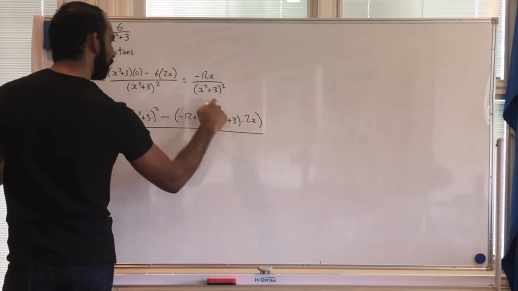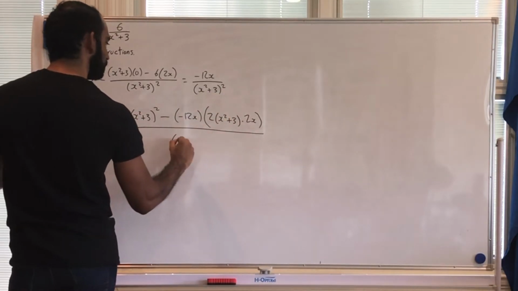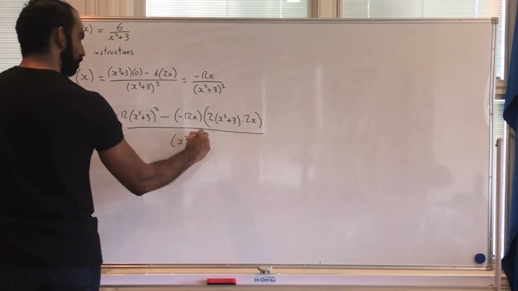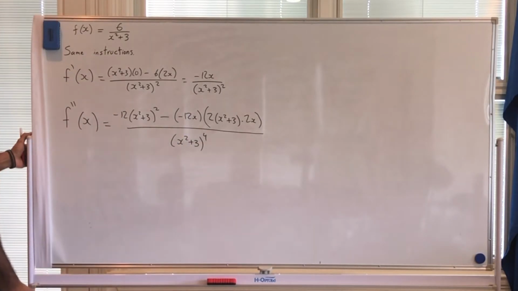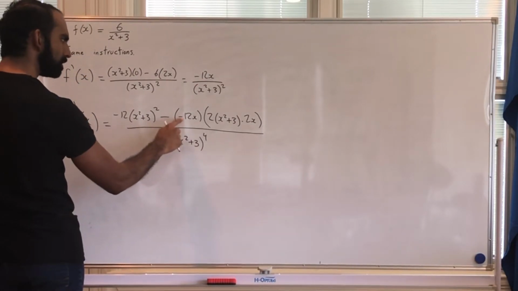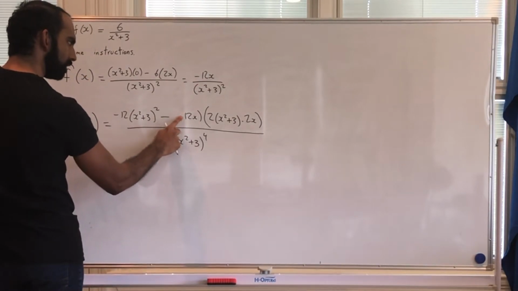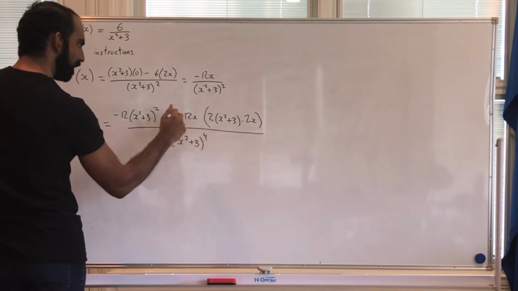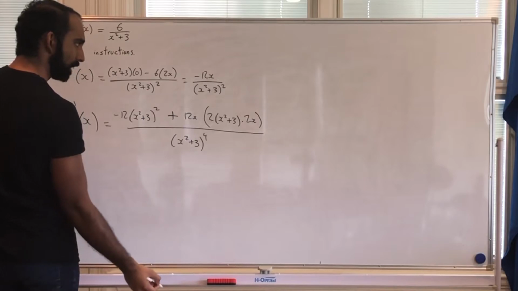That's all over the bottom squared. Now we have x squared plus 3 to the 4th, yes? Yep. Let me tidy this up a little bit. That minus negative 12, I can turn into a plus 12. Let's get rid of some of these parentheticals like that.